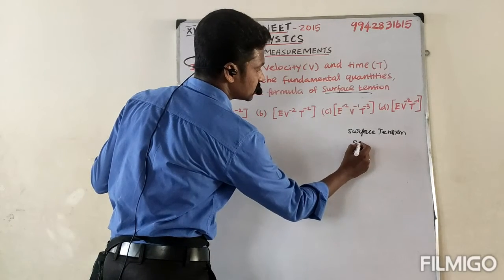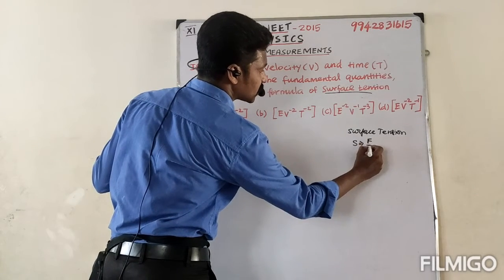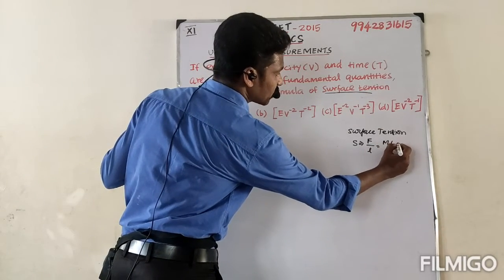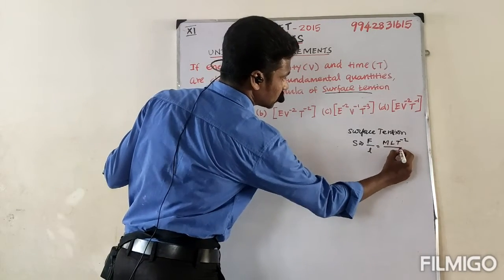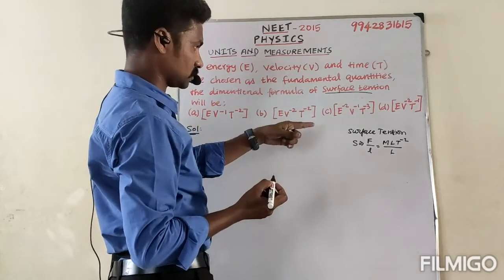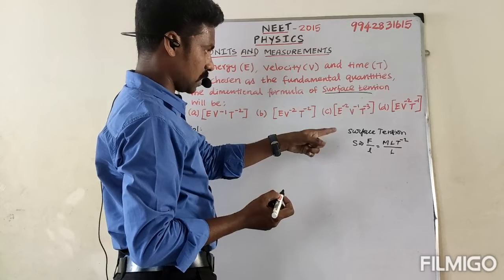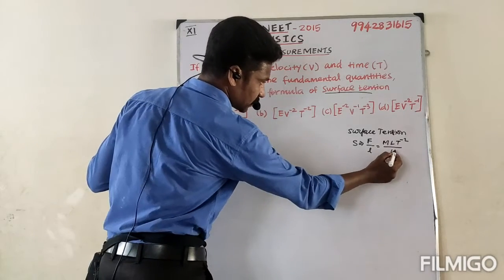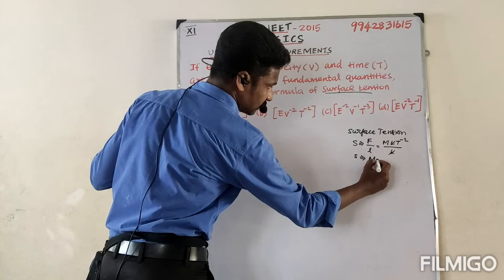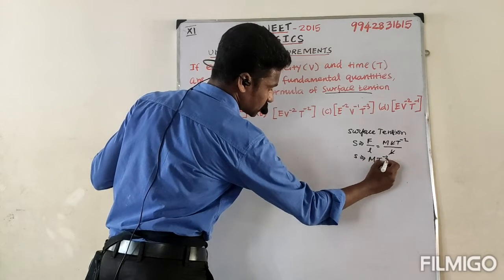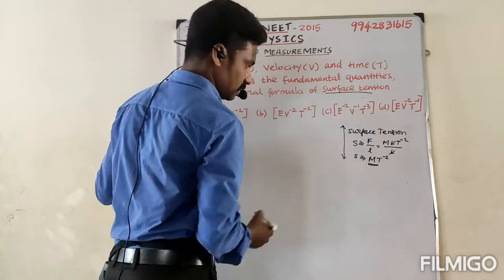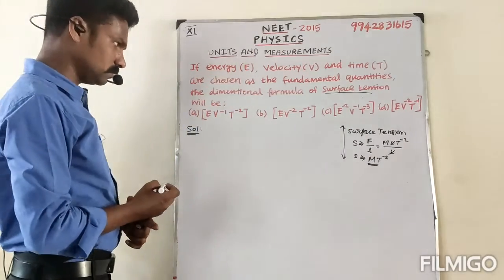So surface tension is equal to force acting per unit length. The dimension formula of force is MLT^-2, divided by length, which is L. The L cancels, so the dimension formula of surface tension is MT^-2.